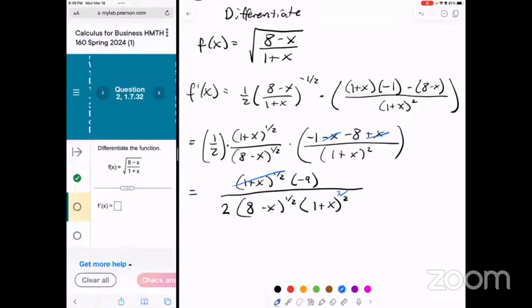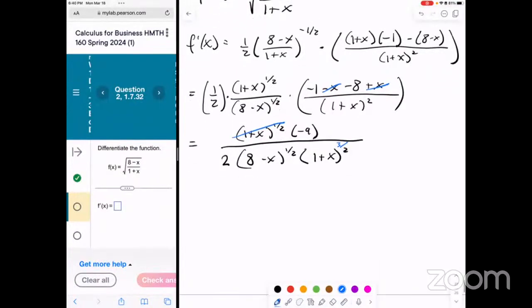And I think that's as far as we can take it. So let's try that. Let me write the final result. So on bottom, we have this 2 times 8 minus x to the 1/2. Let me think. Will it help us to combine those?